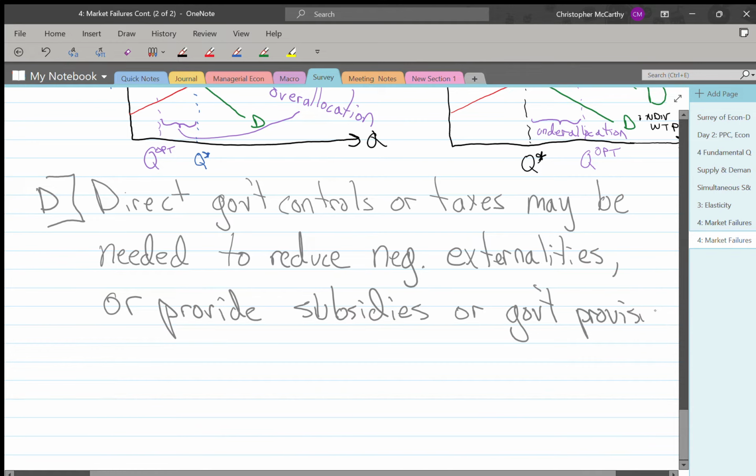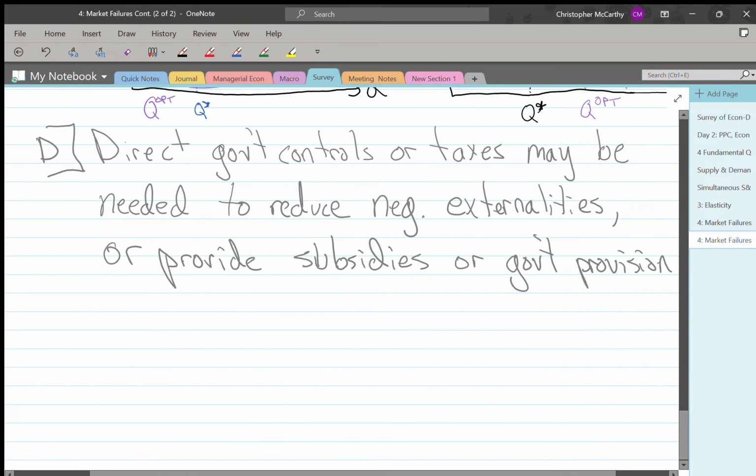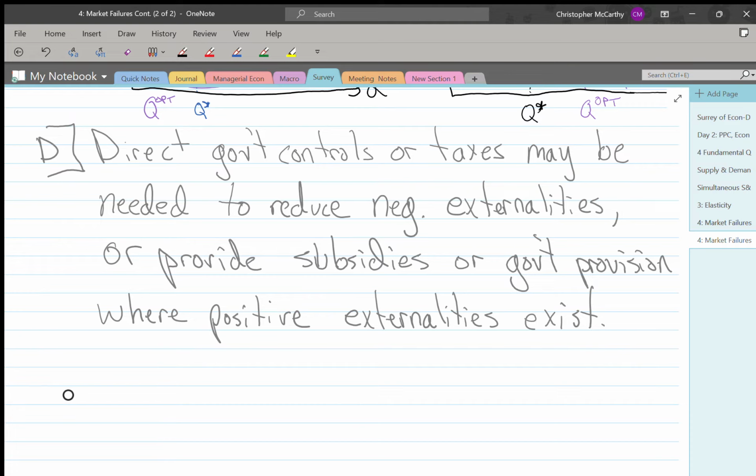So it wasn't enough for the government to provide the vaccines for free. We should have given people subsidies, right? Where positive externalities exist. I think a lot of people that were on the fence would not have been on the fence if it would have been a $2,000, $3,000 cash payment as soon as you went in and got that second vaccine.